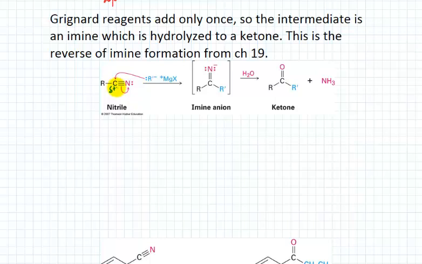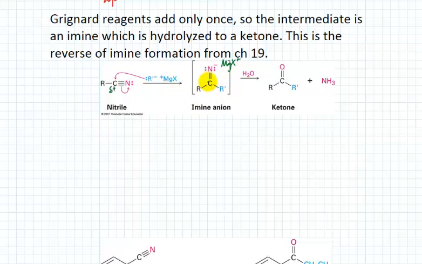The imine anion will be somewhat complexed to the magnesium salt, but that magnesium salt does not stabilize it nearly to the amount that the aluminum salt does. So there's no way another Grignard would be able to come in and add twice to this. That's not going to happen.